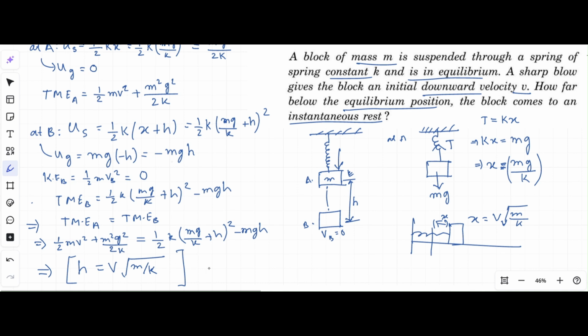For solving questions in examination, you need to remember this: h equals v under root m by k. This will make your life easy because otherwise you will have to derive all this.